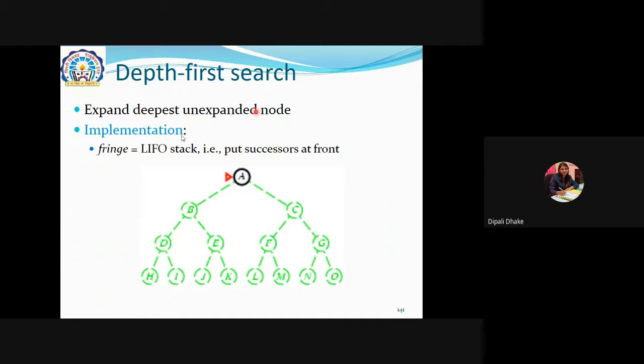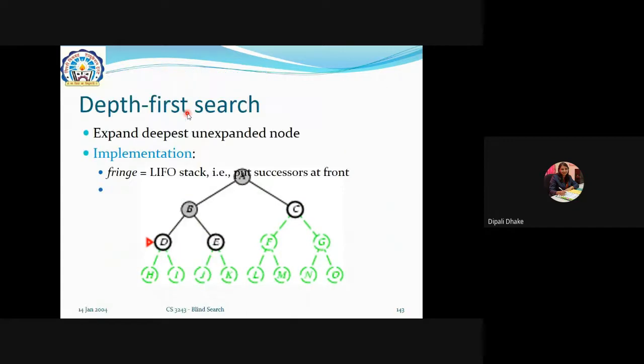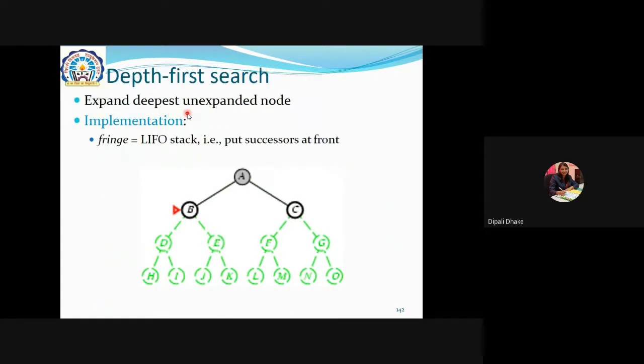Its fringe is a LIFO stack, which puts the successor at the front. Here A, B. Now, in the DFS, when we covered the root node A, it will move towards B, and after that C. In the BFS the search follows the shallowest path, so it covers all the nodes on the same level.